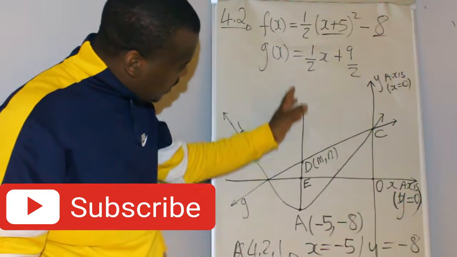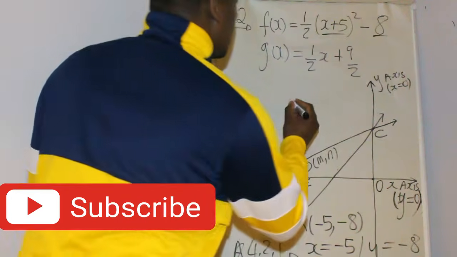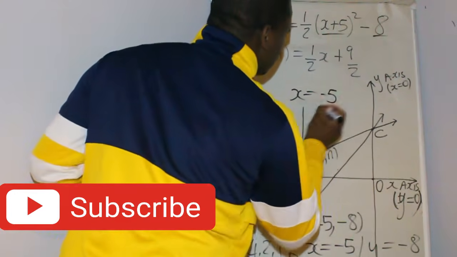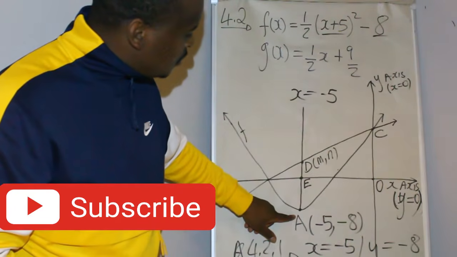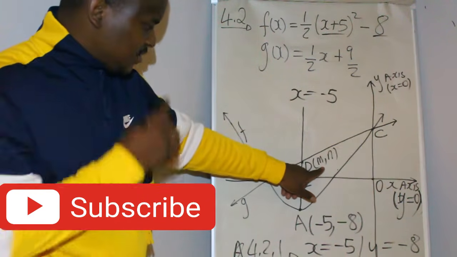So this line here is vertical, so it is going to be x is equal to -5. We know that along this line x is -5, which means your m there is equal to -5 because it's your x value.